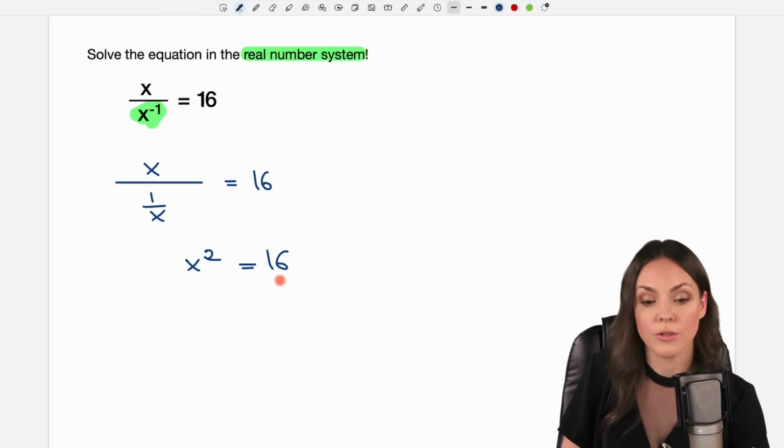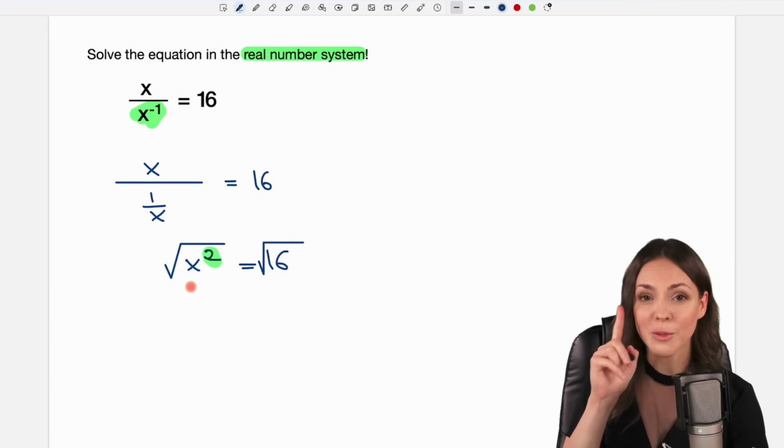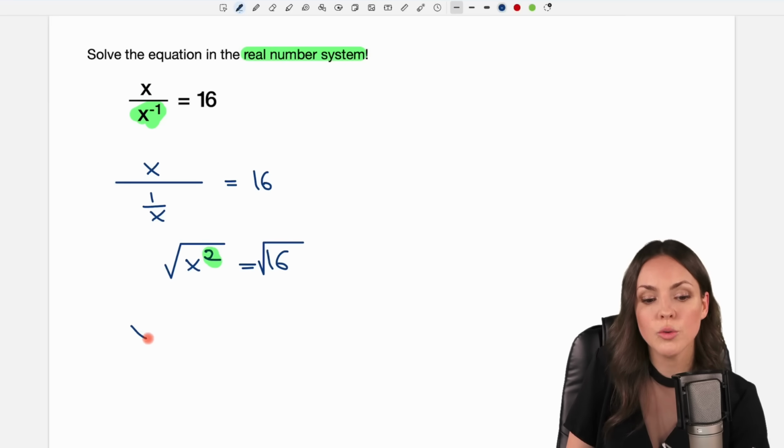So we have a quadratic equation, and we only want to get rid of the square here, so we can take the square root on both sides of the equation. The square root helps us to get rid of the square, so only x is left, but we have to be aware that we get two solutions, a first positive solution and a second negative solution.